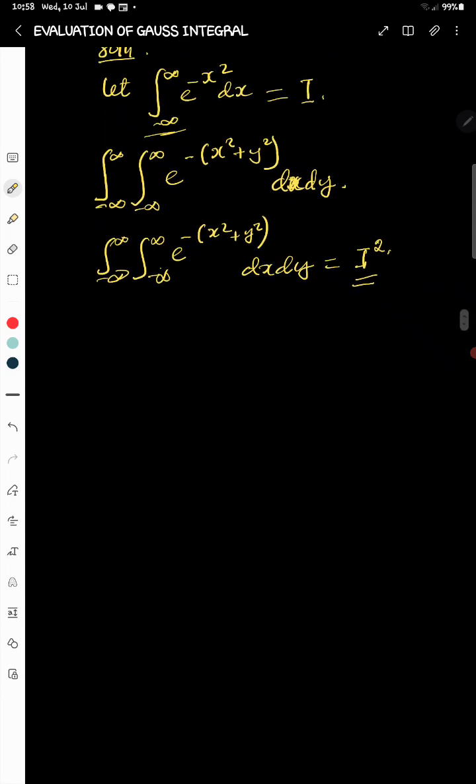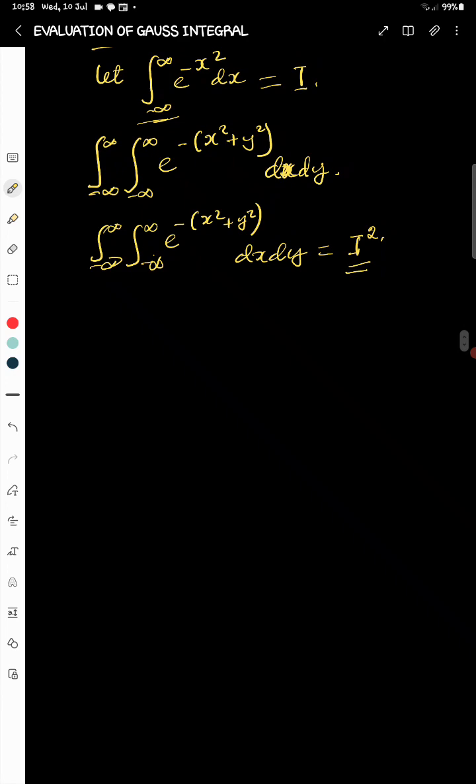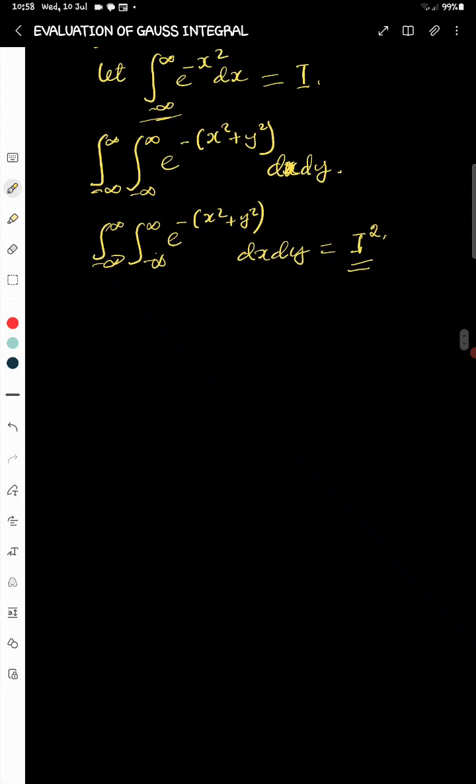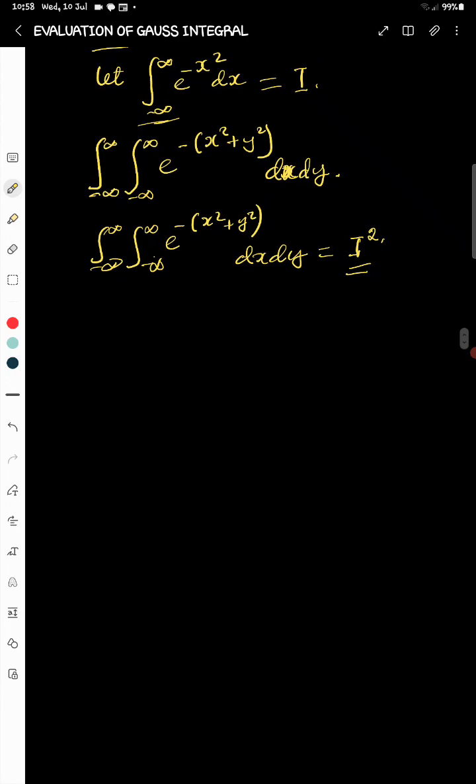So when you plot a graph of this exponential function, it looks like this graph.